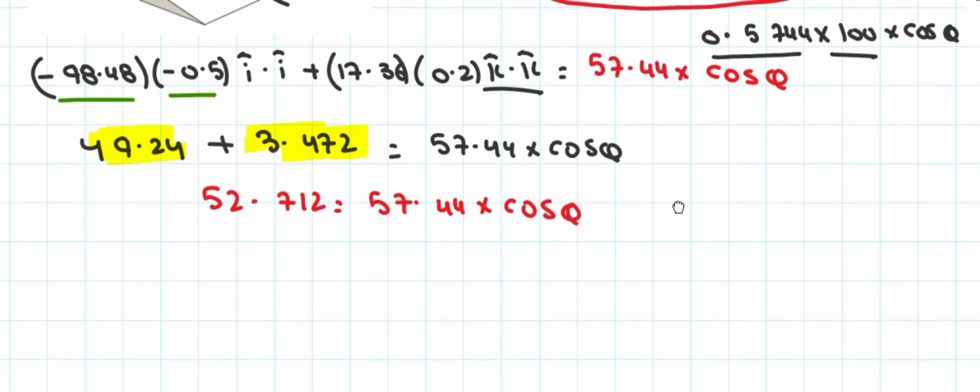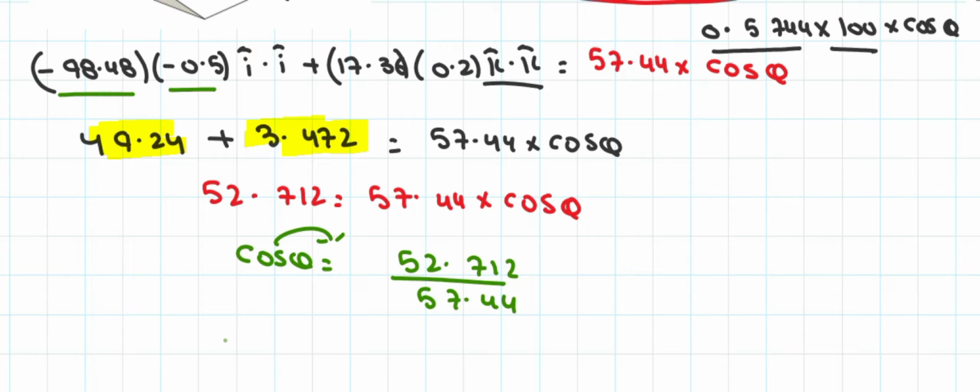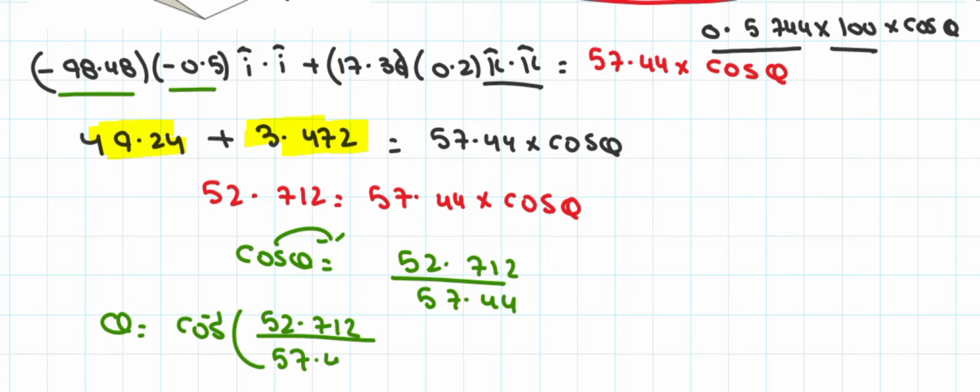And I just scroll down a little bit. So cos theta is equal to 52.712 upon 57.44. Again, shift cos to the opposite side so that it becomes theta equal to cos inverse of 52.712 upon 57.44.